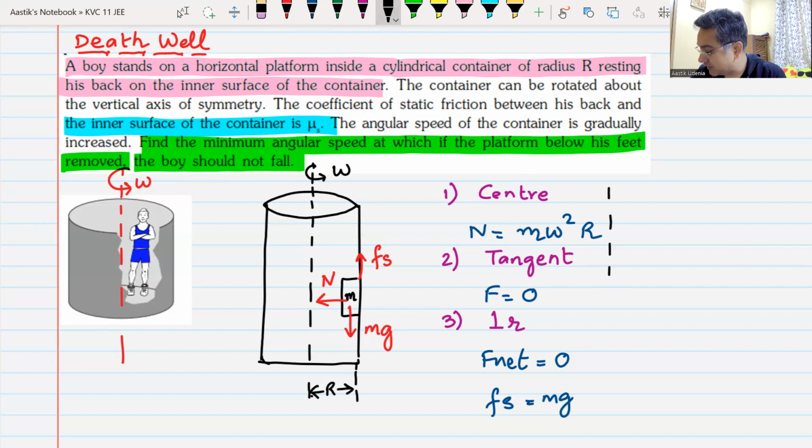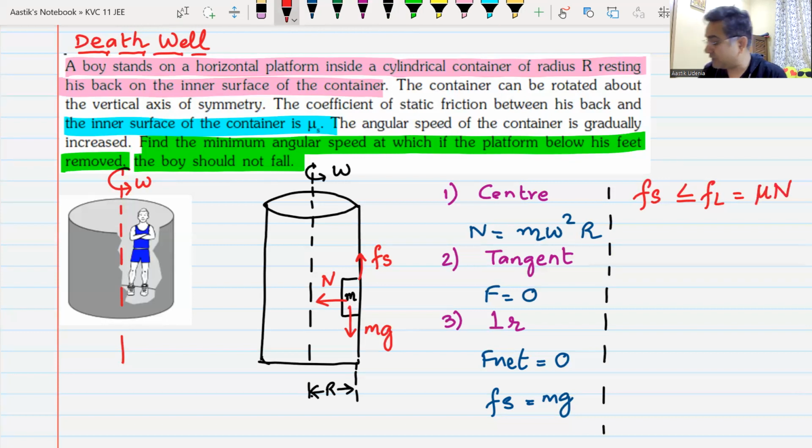So he is basically dependent on the static friction, but we always know that the static friction is always less than or equal to limiting friction, and that limiting friction is always equal to mu into N. I now just put the values. Static friction, I will put the value from here.